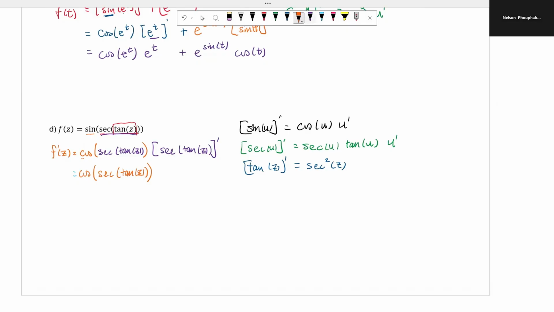And now the derivative of secant of tangent z. We are going to use the secant u rule. So let me take care of this.